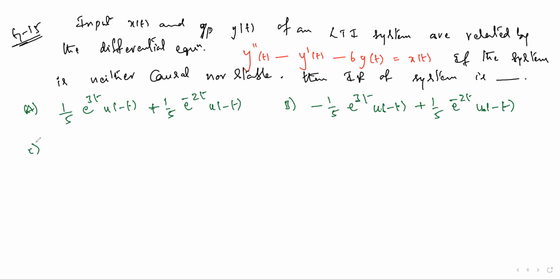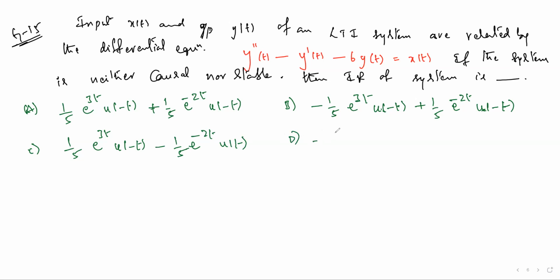All look like the same. Careful analysis is mandatory here. Option C: 1 by 5 e to the power of 3t u of minus t minus 1 by 5 e to the power of minus 2t u of t.